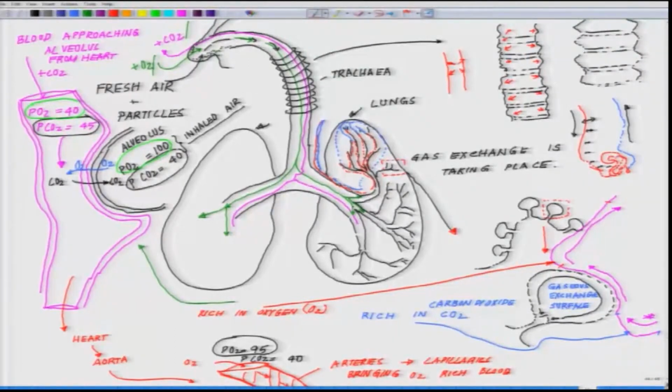This structure can become very complex when you realize how these branchings are. So this part is very essential that you understood, because this is what we are going to come to now: how at the level of the capillaries the exchange takes place, and how the surface area and other features change. So, I'll close in here.